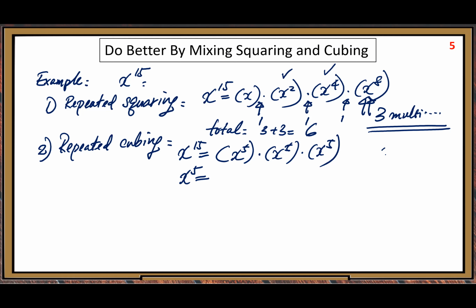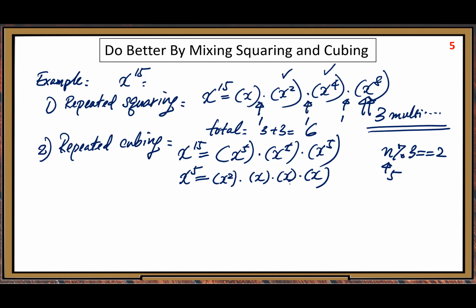Remember, n mod 3 equals 2; here n equals 5, so the remainder is 2. So x squared times x times x times x.